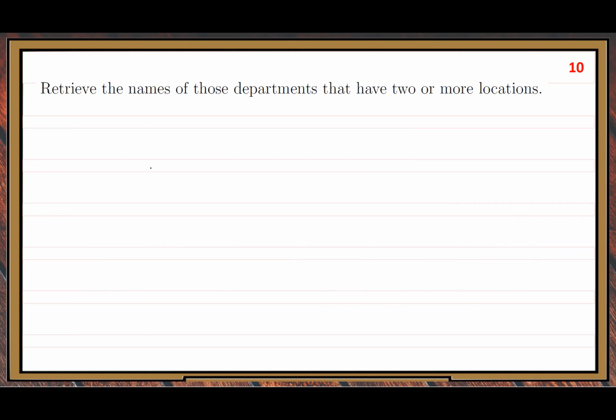Some departments could have multiple locations in our company database. So we want to look at those departments by name, and we need at least 2 tables, the department table and the department location table.